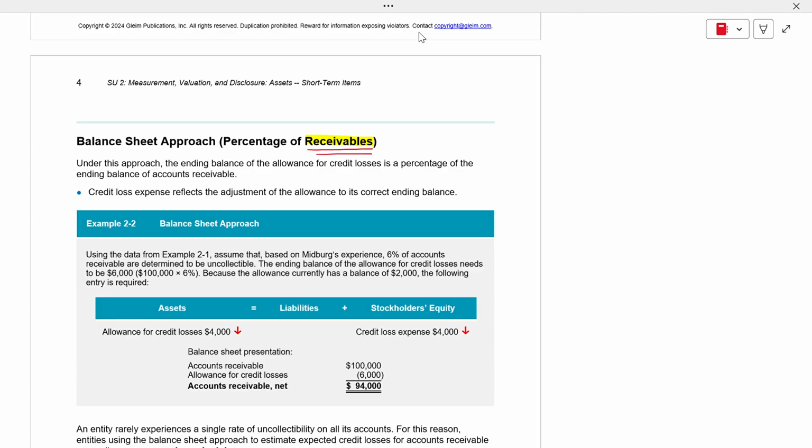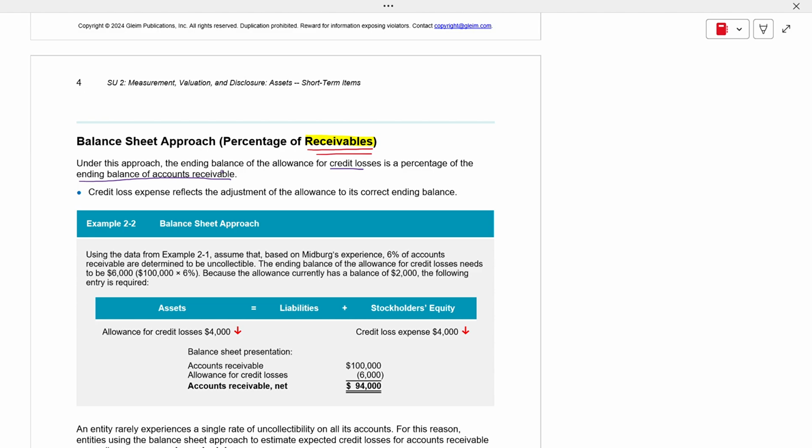Under this approach, what they say is that the ending balance of the credit losses is a percentage of the ending balance of receivables. The closing balance is based on the closing balance of the receivables.